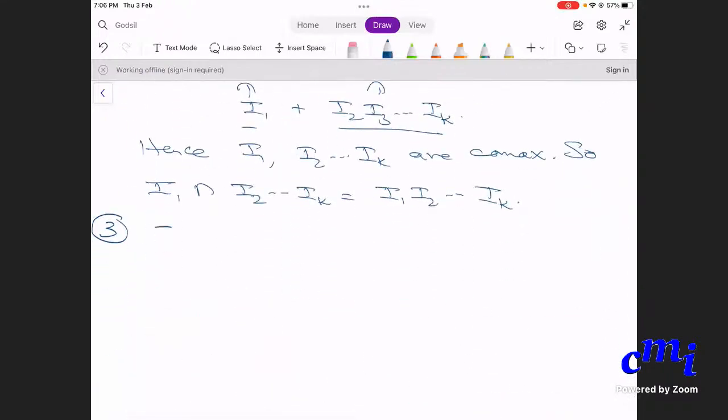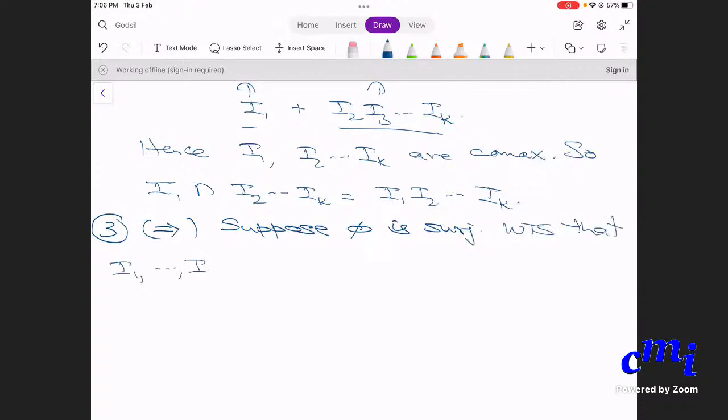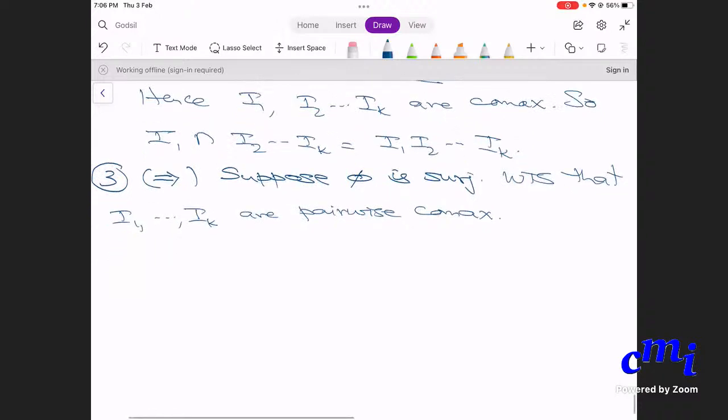So first, this direction, that is, suppose that phi is surjective. So want to show that I1 up to Ik are pairwise co-maximal. To do this, it's not hard.